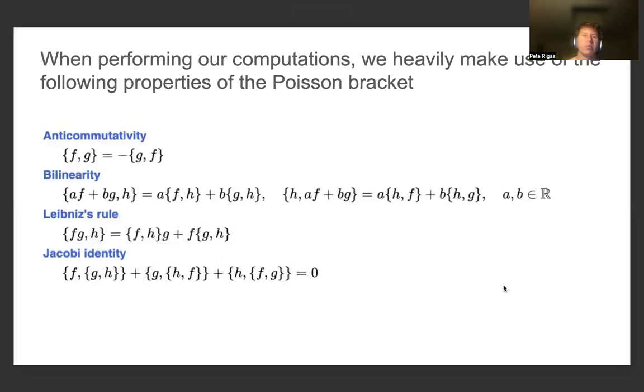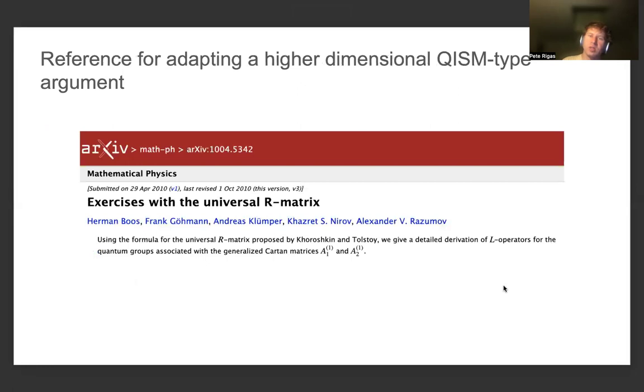Okay, so when performing computations, we make heavy use of the following properties of the Poisson bracket: it satisfies an anti-commutativity rule, bilinearity, Leibniz's rule, and the Jacobi identity, which we had described in the previous presentation. And then the reference that we had mentioned near the end of the last presentation is the fact that we can look to adapt a higher dimensional quantum inverse scattering type argument with this paper, Exercises with the Universal R-matrix, because the several authors provide and discuss the Dynkin automorphism, which gives rise to two of the L operators of interest that they have for the three-dimensional six-vertex model.